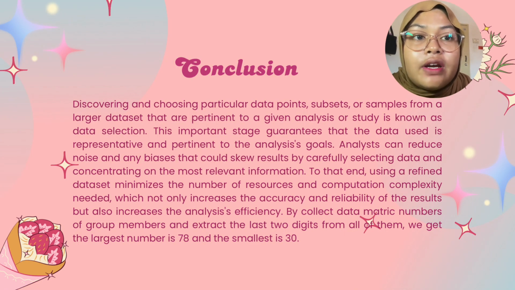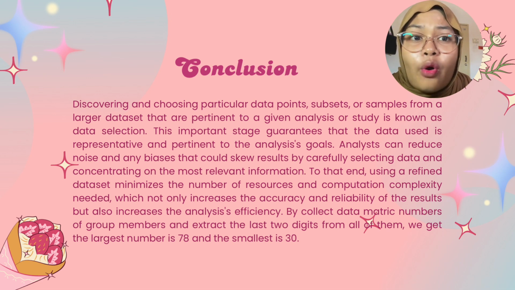Conclusion. Discovering and choosing particular data point subsets sampled from a larger data set that are pertinent to a given analysis or study is known as data selection. This important stage guarantees that the data is representative and pertinent to the data analysis goal.